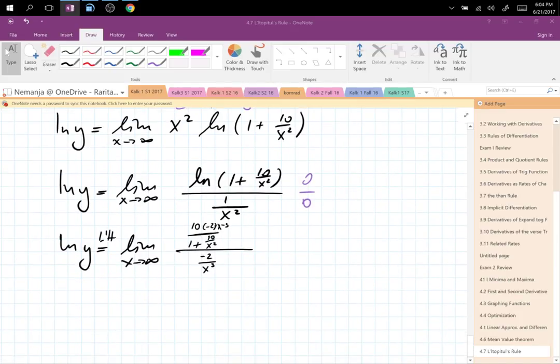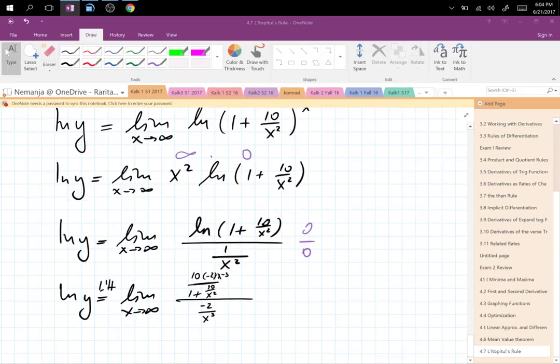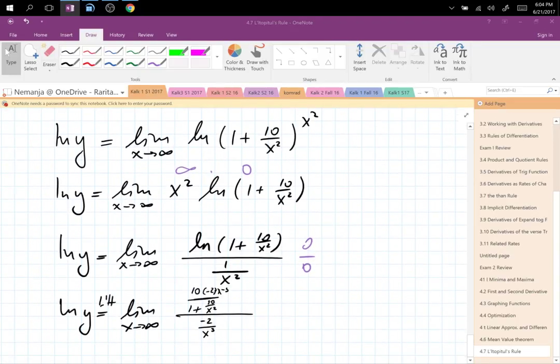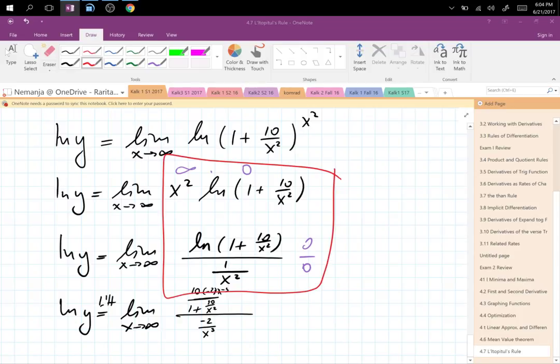Where's the 1 over x squared thing again? When you do the 1 over f. Oh, okay. Yeah, just for the x squared.